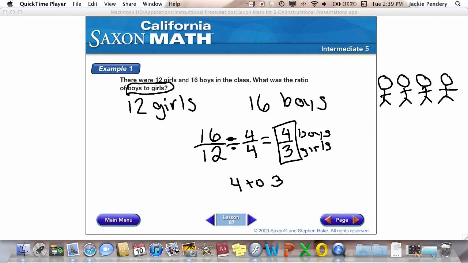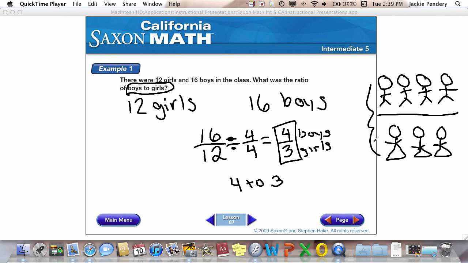Okay, and for every 4 boys I have 3 girls. Girls, let's give you some arms. Okay, so this is a picture of what this means. For every 4 boys, I have 3 girls in my class. Okay? All right, let's look at example number 2.